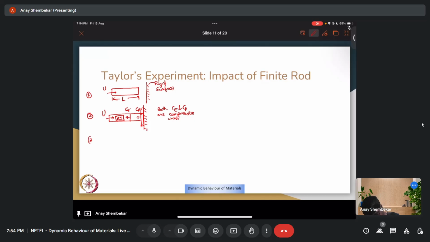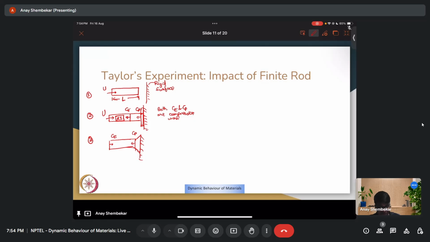Then you have another snapshot wherein your elastic wave has reached the free end, which is the left end. There is an increase in deformation on the right hand side. You have a shape change coming up, an increase in area. This is cp, this is ce.